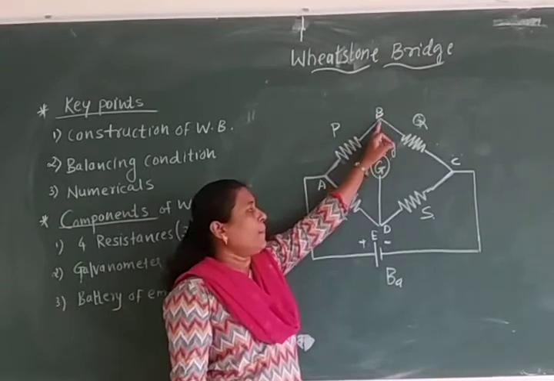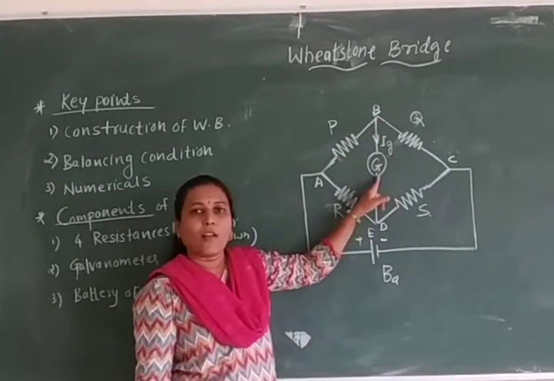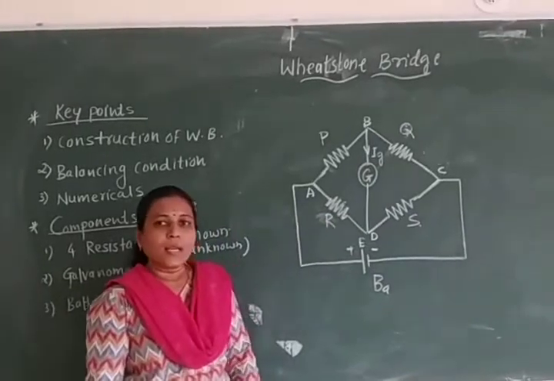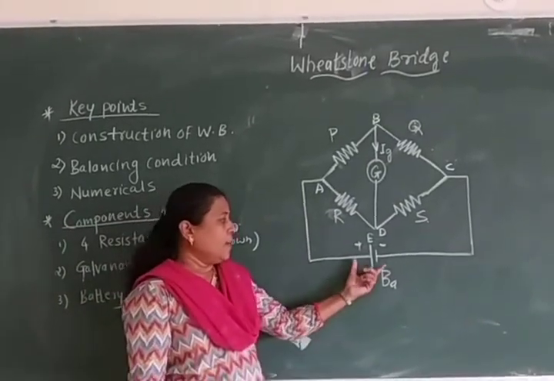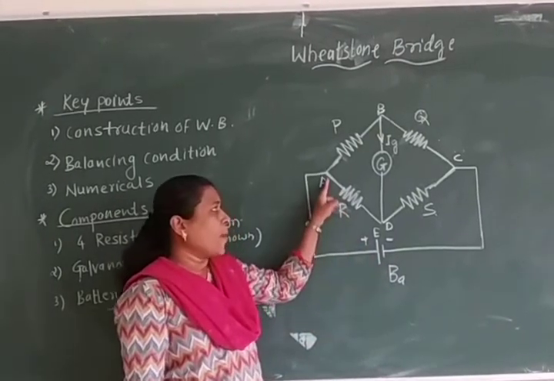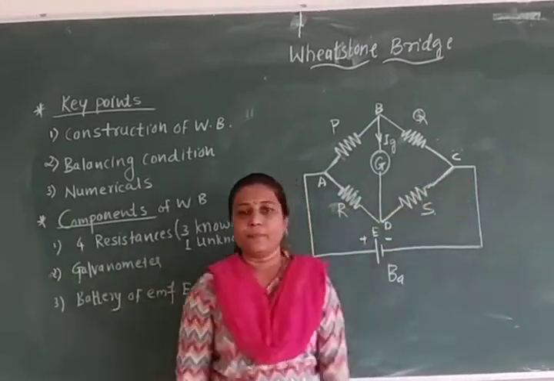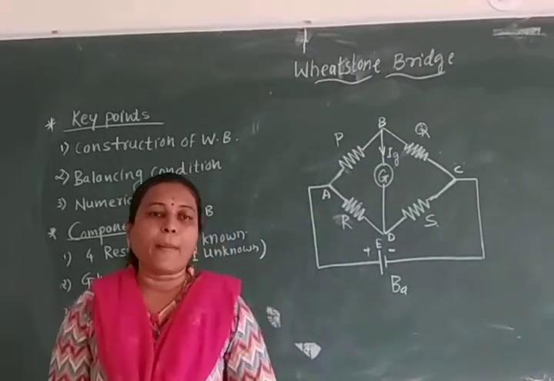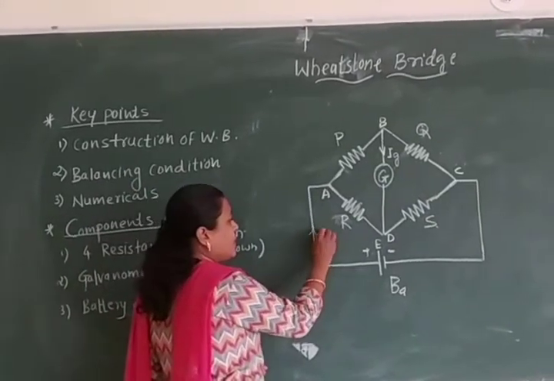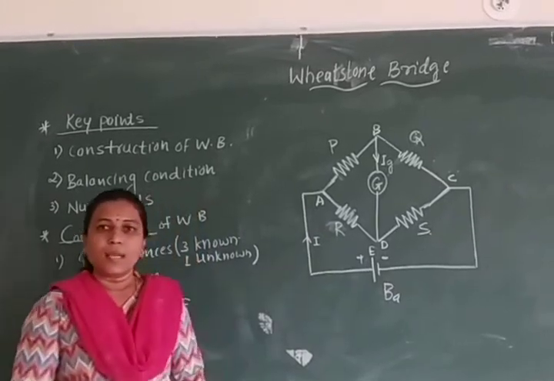Now between the B and D nodes, we connect the galvanometer, which gives the measure of current flowing through this circuit. And here we connect the battery of EMF E between the points A and C. When we connect this battery across these 2 terminals, some current I will flow through this circuit.